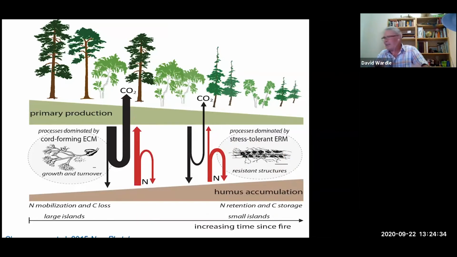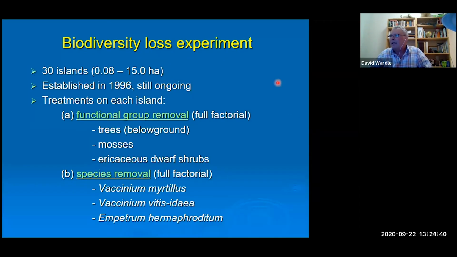Now we've also been looking at how the different components of biodiversity in the system drive carbon storage. And what I'll describe just briefly is an experiment we've been carrying out now for the past 24 years on each of 30 islands, where we manipulate vegetation. So on each island, we have two sub-experiments. The first of these focuses on three plant functional groups.